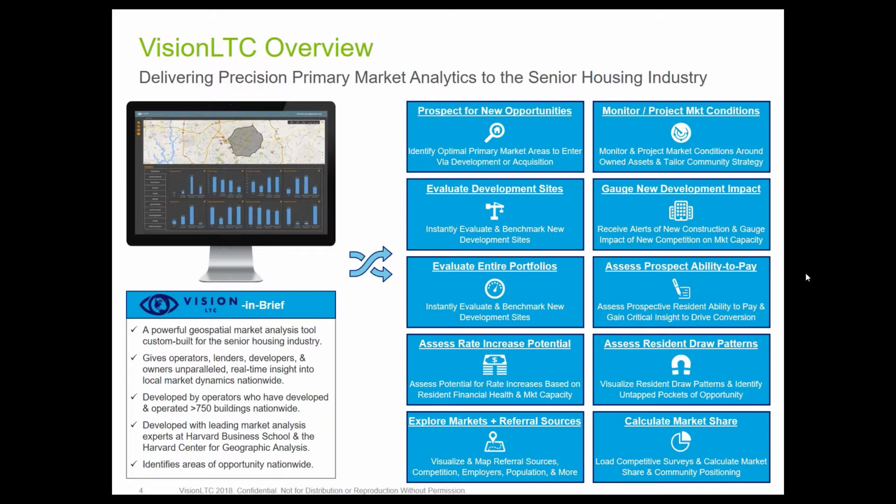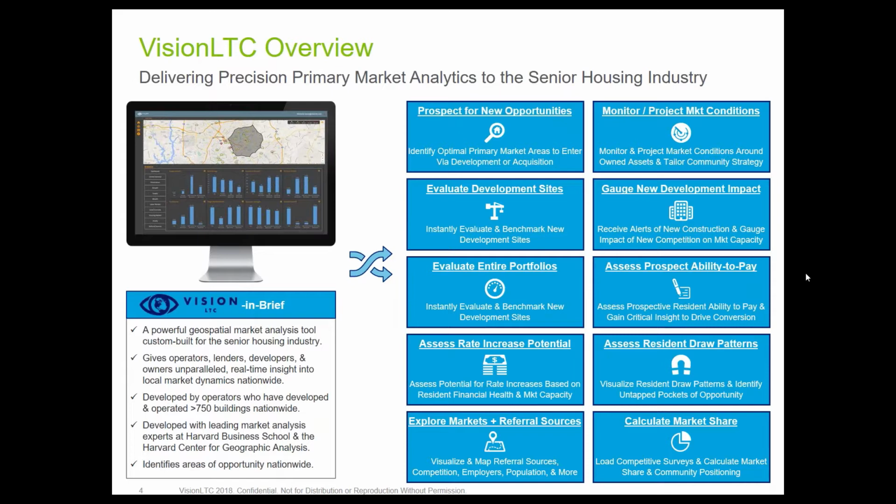And then obviously, you saw some of the other ways that we can use this data, but primarily we see folks think about everything from site selection on the development side to thinking through what is the thesis for an acquisition, what am I going to do with this community, does the market support the assumptions that I'm making, all the way through to asset management.